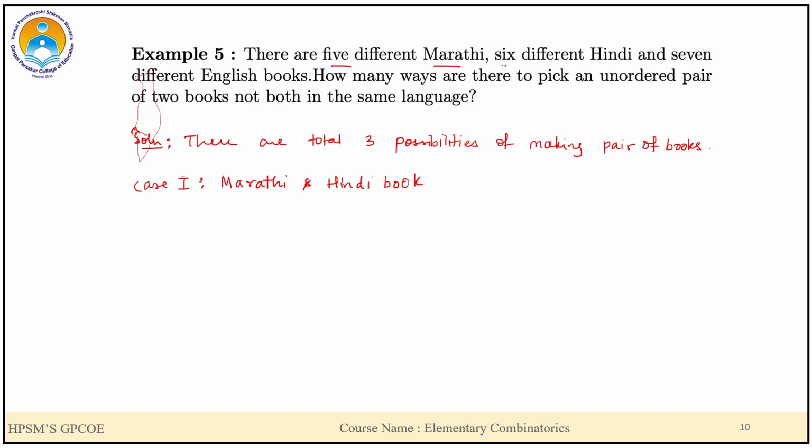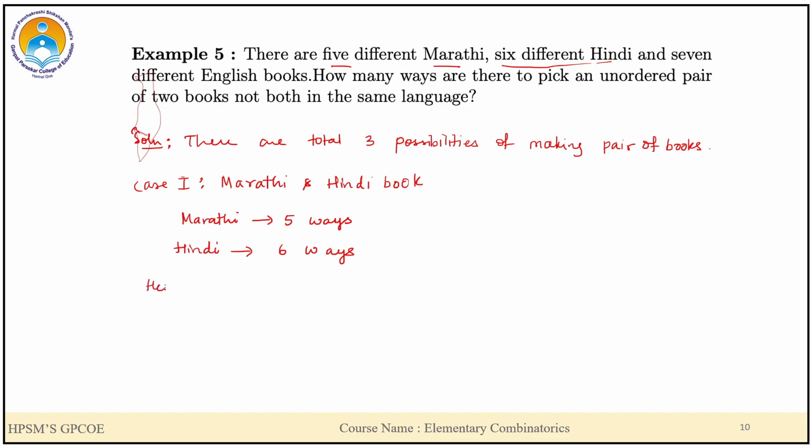And the Hindi 6. So Marathi book can be picked in 5 different ways, and Hindi book can be picked in 6 ways, because there are total 6 different Hindi books.